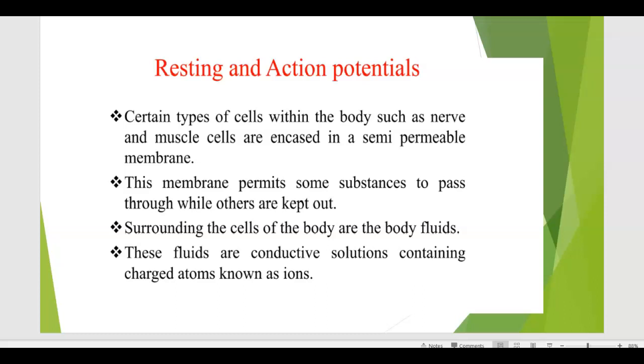Certain types of cells within the body, such as nerve and muscle cells, are encased in a semi-permeable membrane. This membrane permits some substances to pass through while others are kept out. Surrounding the cells of the body are body fluids. These fluids are conductive solutions containing charged atoms, collectively called ions.